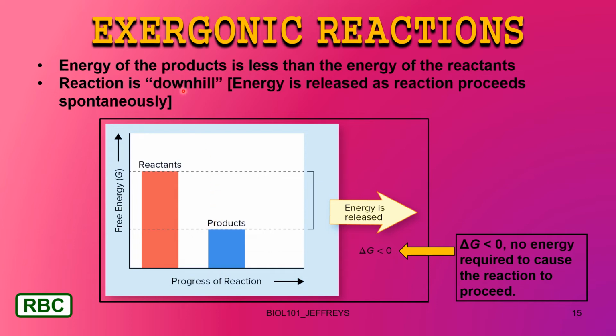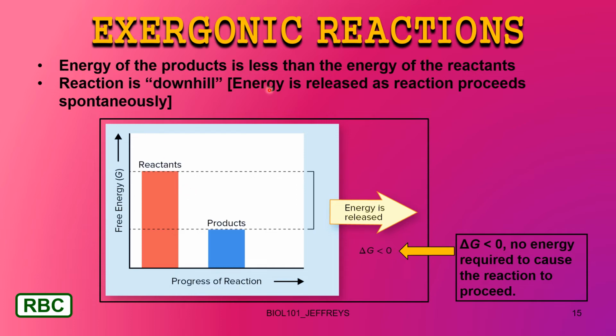So we say the reaction is downhill, because once you cross the threshold, the reaction occurs spontaneously. It automatically happens. It's like gravity pulling the ball down the hill. You push the ball over the edge, gravity takes hold. You can't stop the snowball from rolling down the hill. It happens automatically.